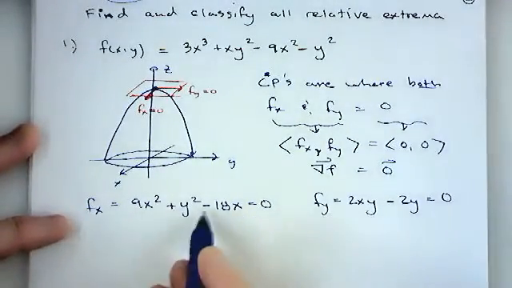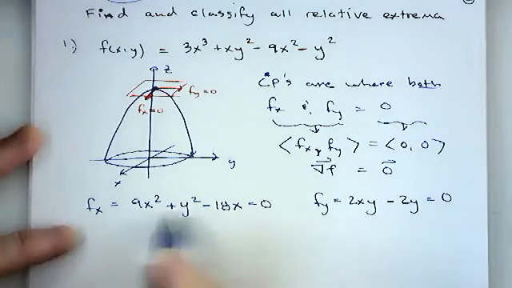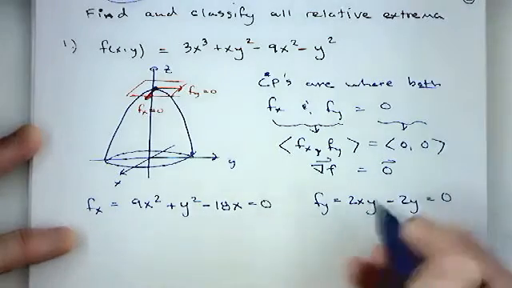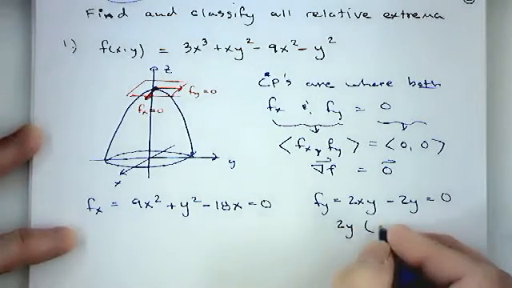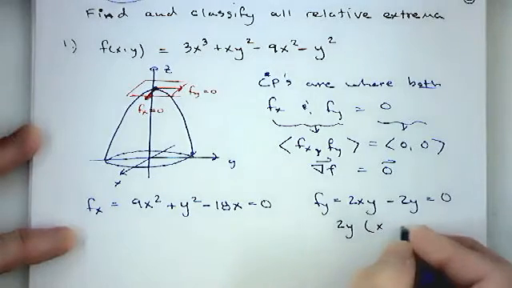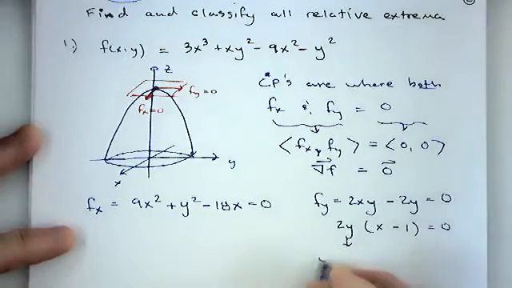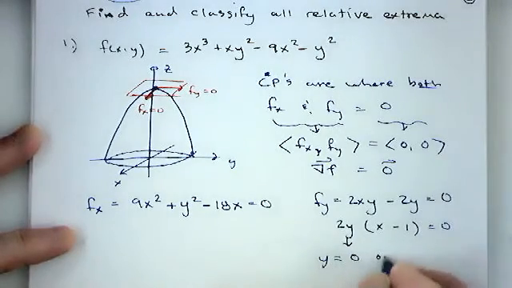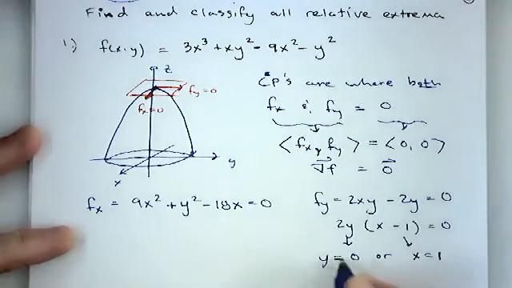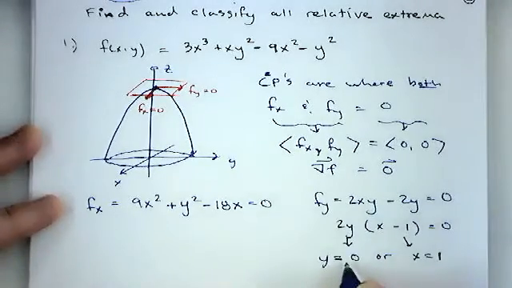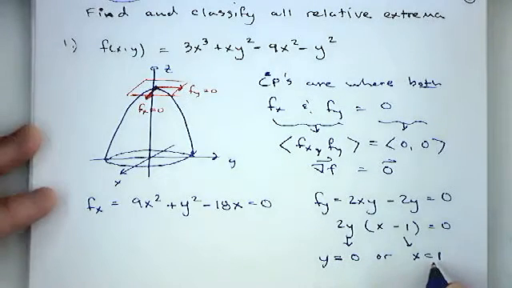And what often happens, here I don't see anything I can really do for this one, so I'm not going to touch that one. But here I see some factoring I could do. I could take out a 2y, which leaves me with x minus 1. And so that leaves me with two possibilities here. My partial derivative in the y direction equals 0 either when y is 0 or when x is 1.